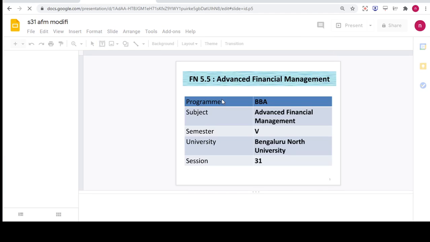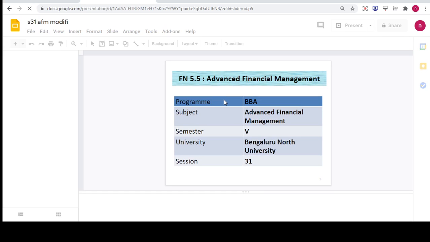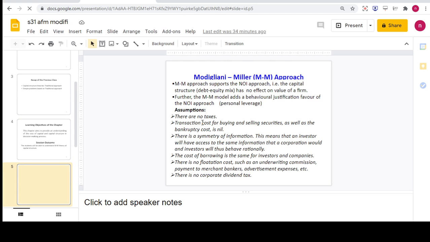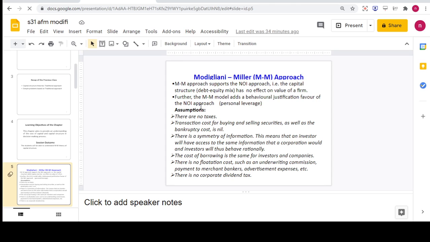This theory says that the valuation of a firm is irrelevant to the capital structure of the company or firm, and that the market value of a firm is affected by its operating income.